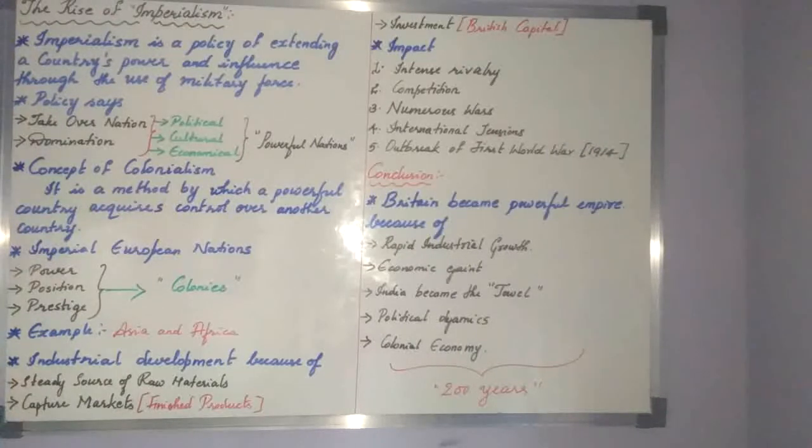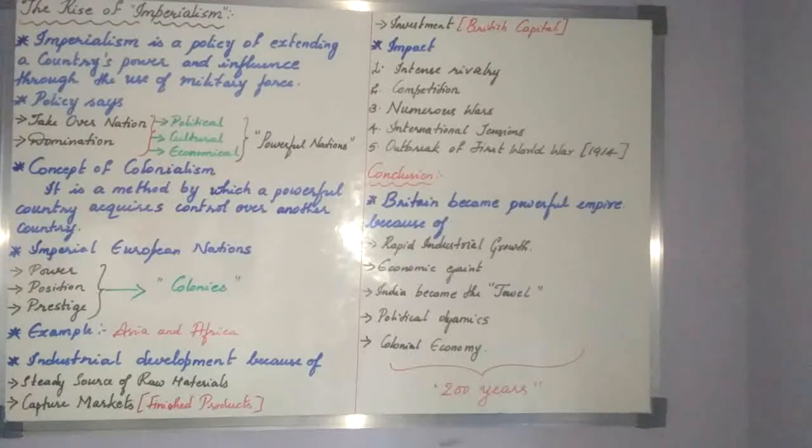We are not going into detail about the concept called imperialism, because when you come to class 10th we are going to talk about this concept. But just, what do you mean by imperialism? What is the speciality in this imperialism concept? All that we are going to see in today's class.